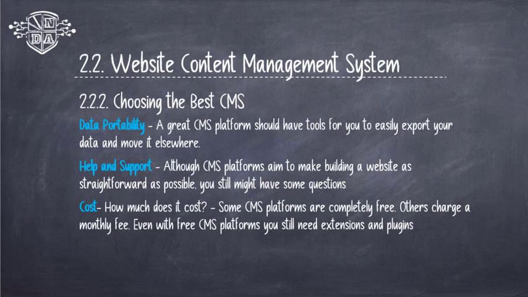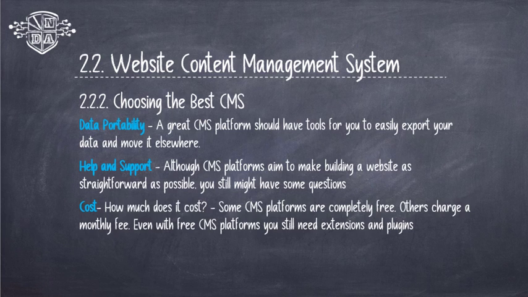So some CMS you'll find are completely free. Joomla is completely free. Drupal is free. WordPress is free for life. But you'll need plugins that charge a monthly fee. And still there are plugins that are free but with limited functions. And in some cases you need full functions for your website to operate smoothly.